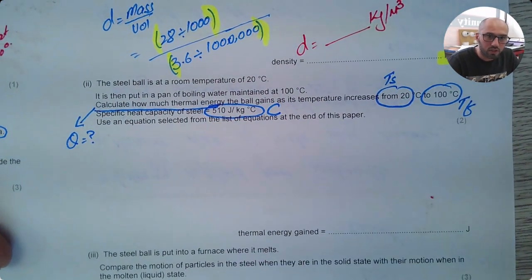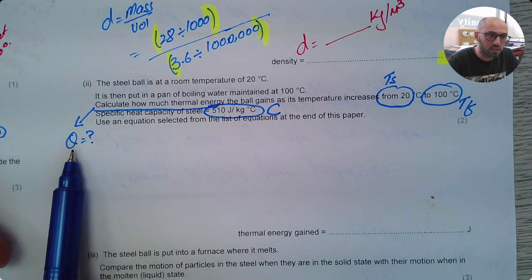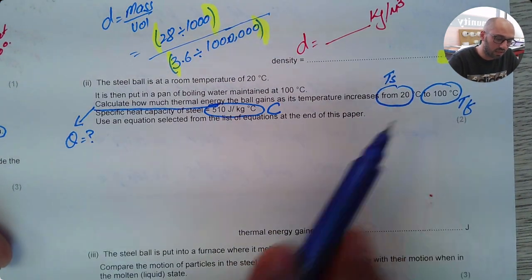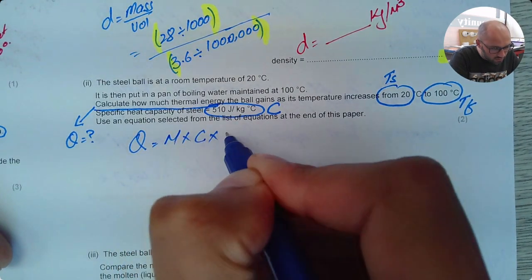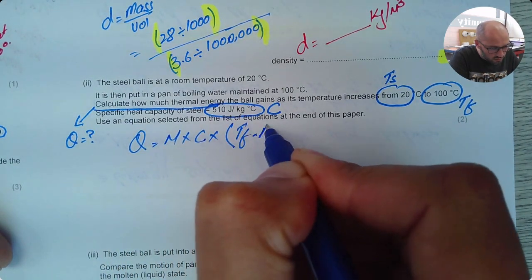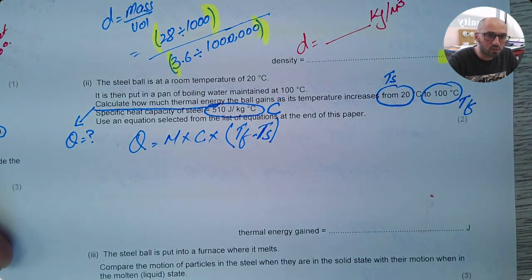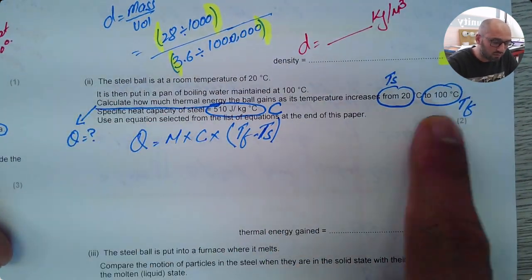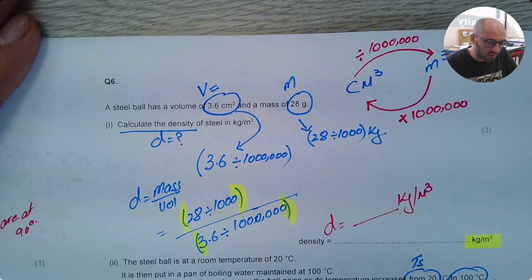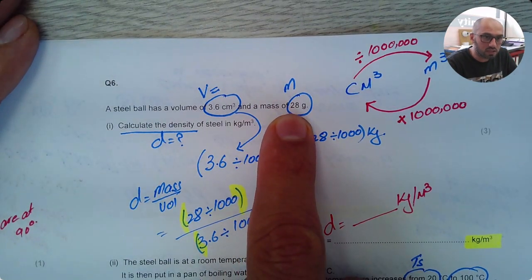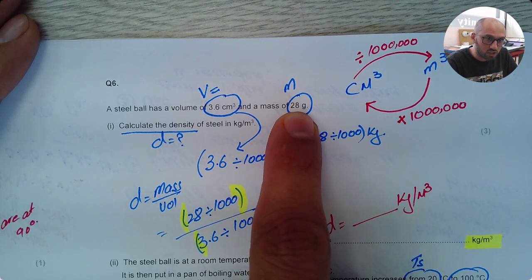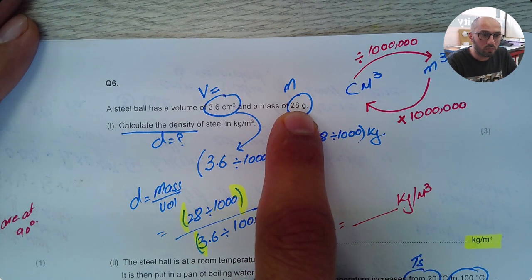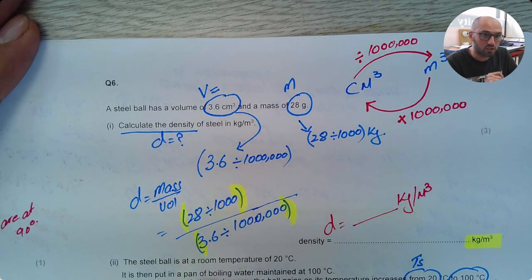The first thing I'm going to do is put down an equation that contains Q and C. So I'm going to write down Q equals M times C times T final take away T start. Now, if you look at this question, you will notice there's no value of mass here. But if I go back, the value of mass was given at the start. Any data that is given at the start of the question will be valid for all parts of that question.